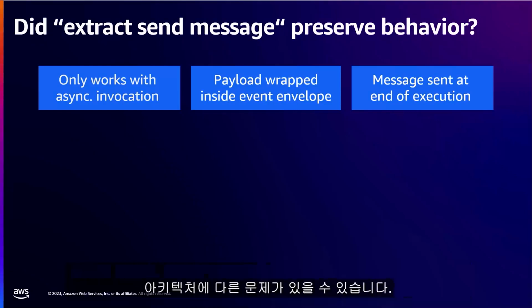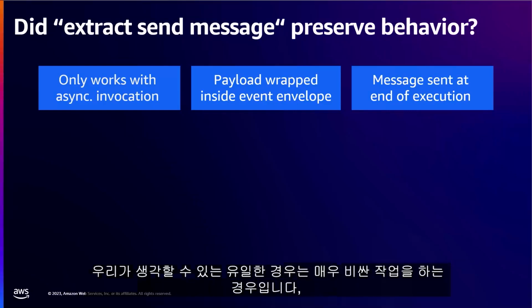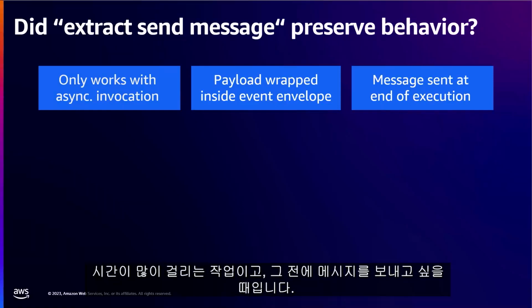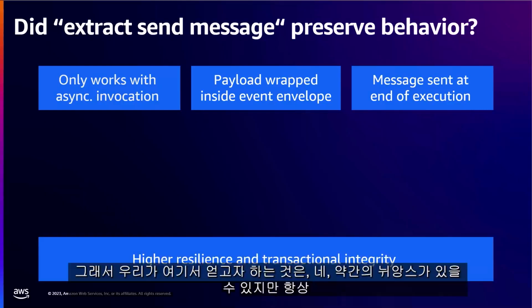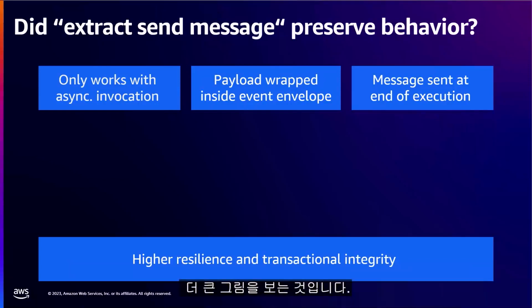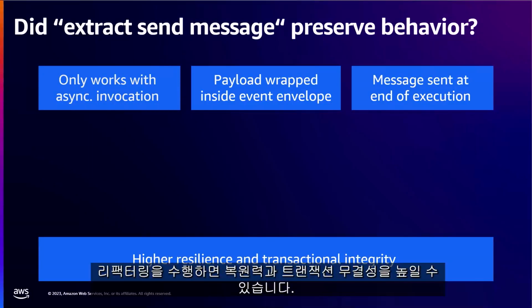There might be something else wrong with the architecture. The only case we could really think of is if you have a very expensive operation, something that takes a lot of time, and you want to send the message before that processing. I think then the right answer would be, why don't you split that into two functions? So what we want to take out of this is, yes, there could be some nuances, but always look at the bigger picture. By doing the refactoring, you gained higher resilience and transactional integrity.